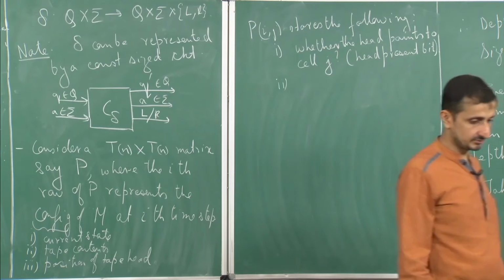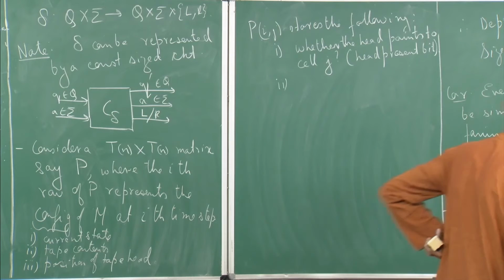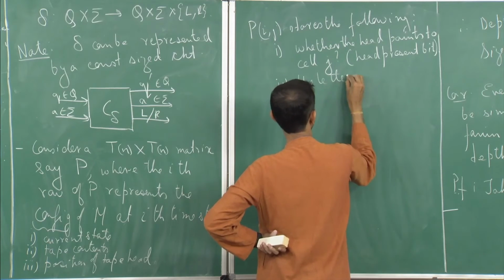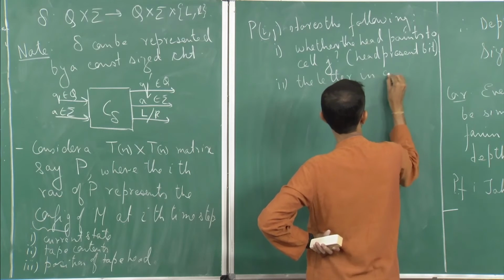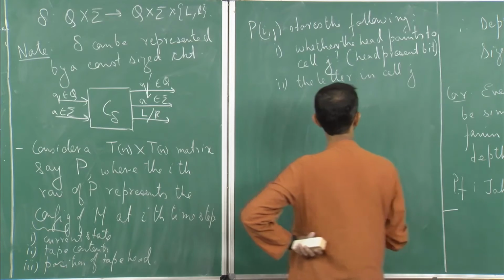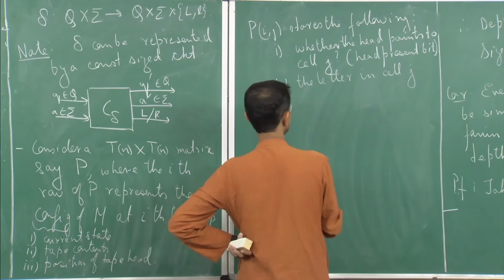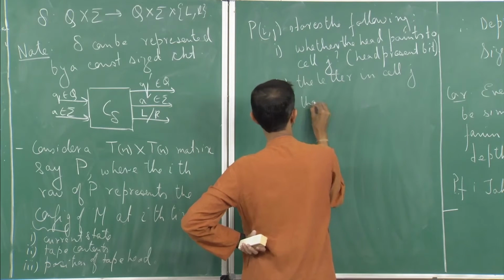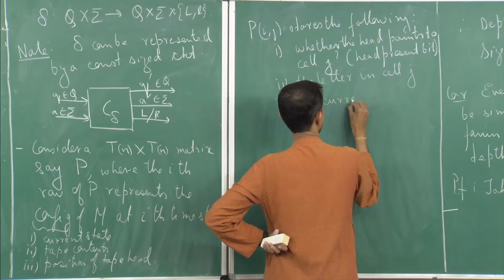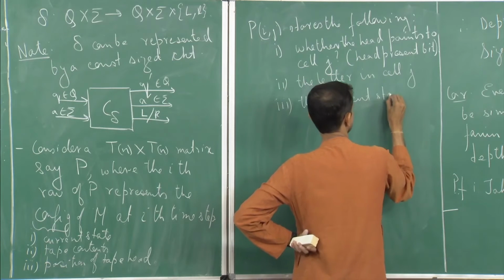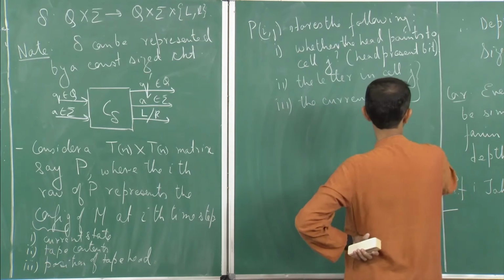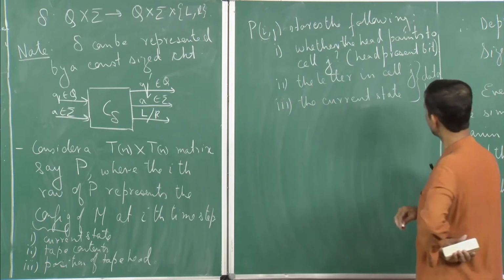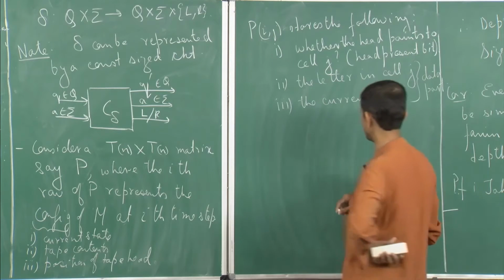So, this is a single bit which stores this. Second is the letter in cell j, and the third is the current state. Okay. So, these two together will be the data part, and this is the head present bit.